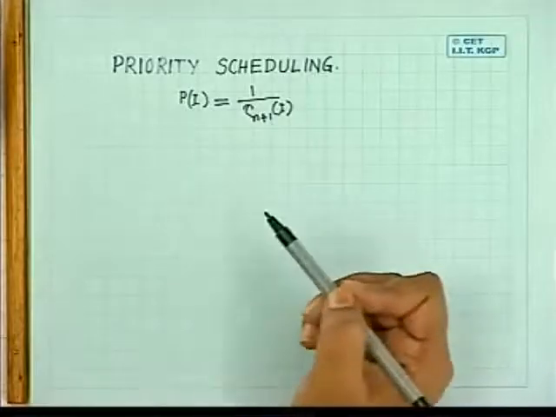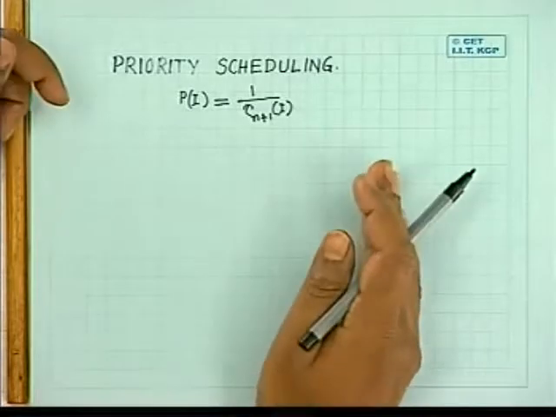So this is one case. In other case, the user or the system administrator can set the priority of different jobs, and depending upon that priority level, a job which is having maximum priority or highest priority will be executed first. A job which will have the lowest priority will be executed last.